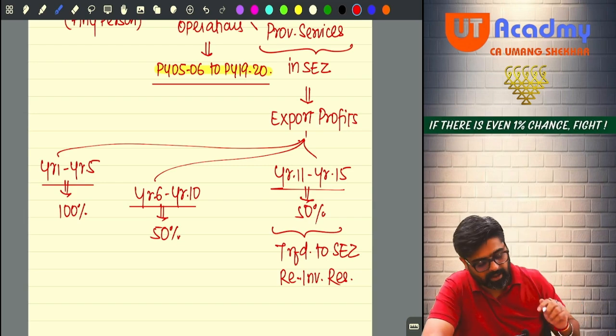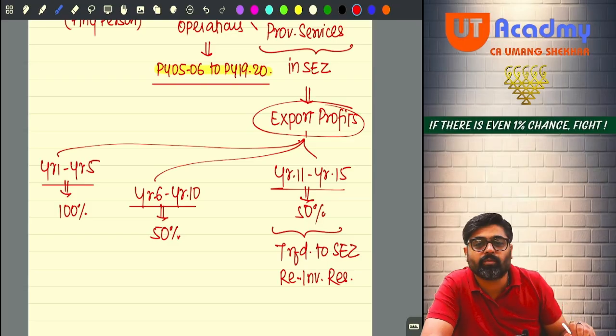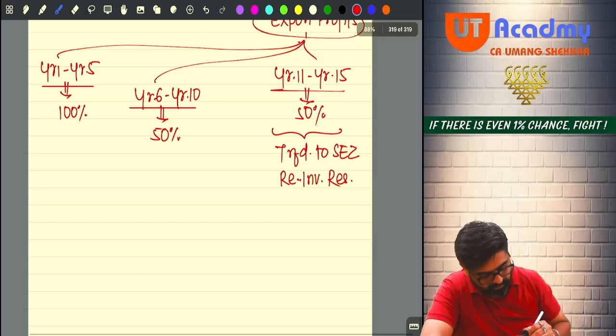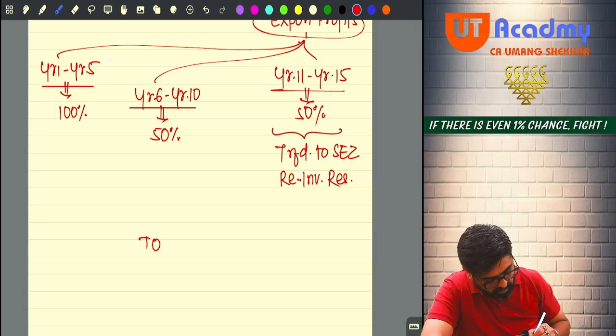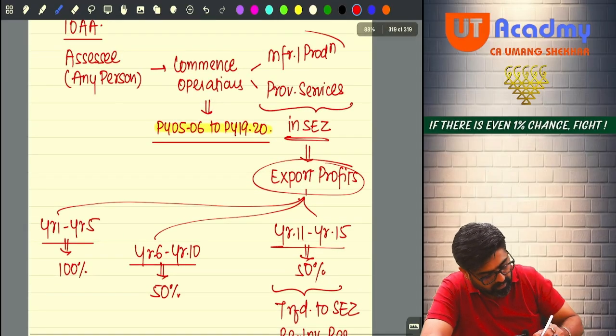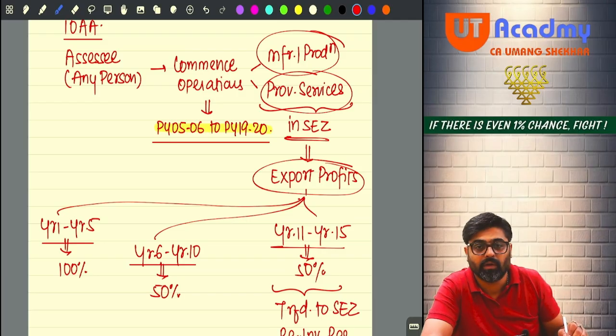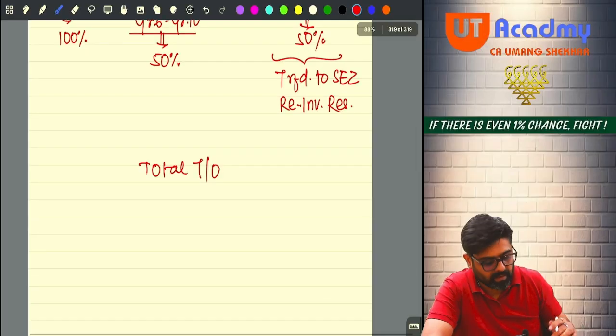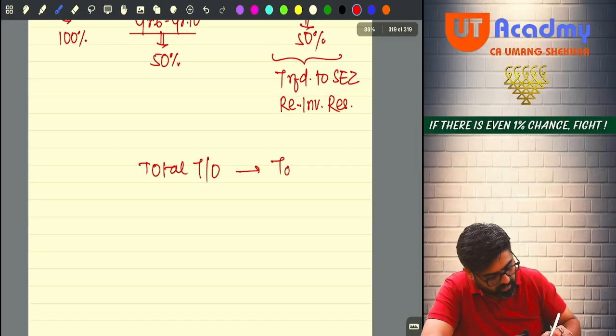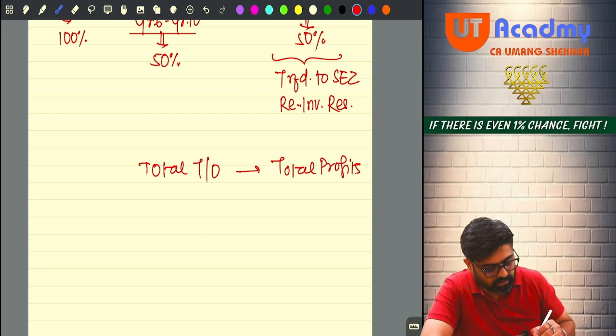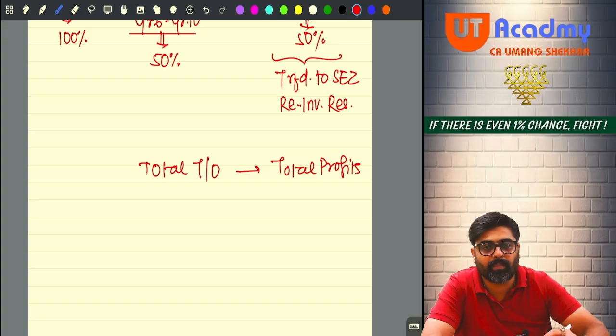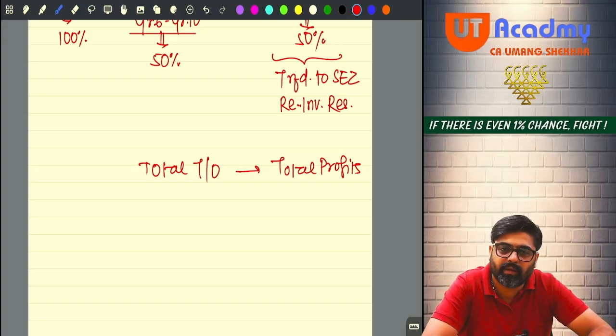So this is 10AA. Now the main thing is how to calculate this export profits. Very simple. See, you will get total turnover. The business which you are running in the SEZ, this manufacturing business, will have some total turnover, and out of that turnover, total profits will be there. Now can I say this total turnover will include two types of turnover? One, your export turnover.